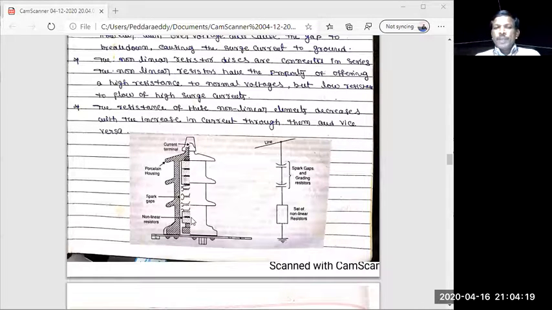At the same time, the non-linear resistors offer very low resistance, so approximately it acts as a conductor. The voltage surge easily diverts from conductor to ground.